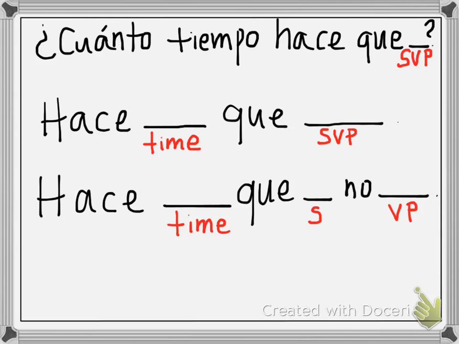To answer that question, you can see the two structures below. We have hace que. It's called hace que because these two components need to be in your answer. So we have hace, we use our time period, que, and then our subject verb phrase. Or if you're doing how long it's been since you've done something, you're going to want to throw a no in there in between your subject and your verb phrase.